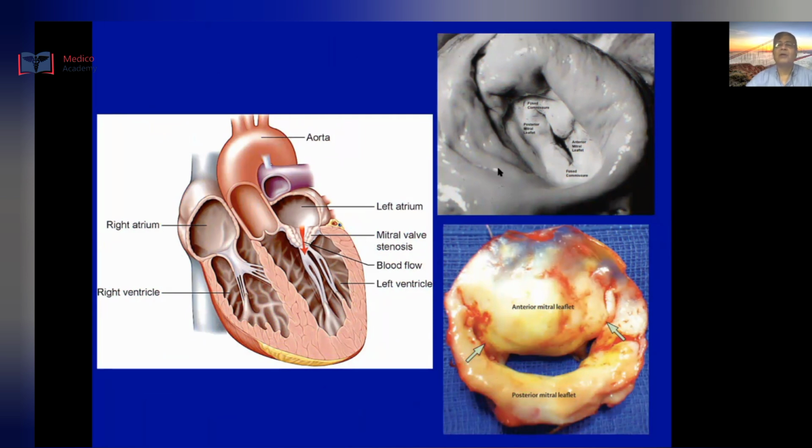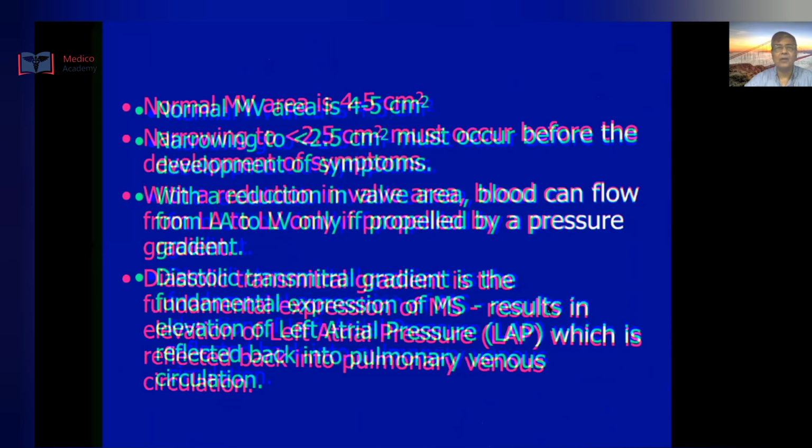If you look at the mitral valve from the atrial surface, this is what mitral stenosis looks like. When you look at it superiorly from the atrium, you see the anterior mitral leaflet, the posterior mitral leaflet, and the fused commissures here. And this is a dissected specimen of the mitral valve of a patient with mitral stenosis.